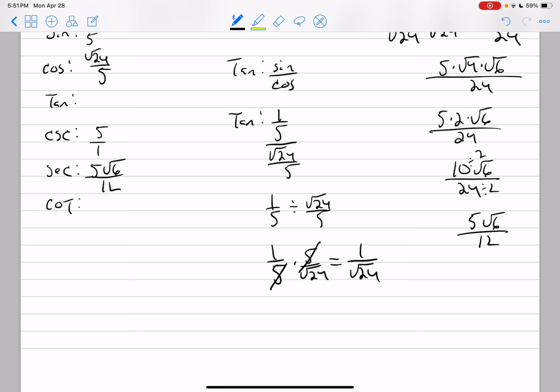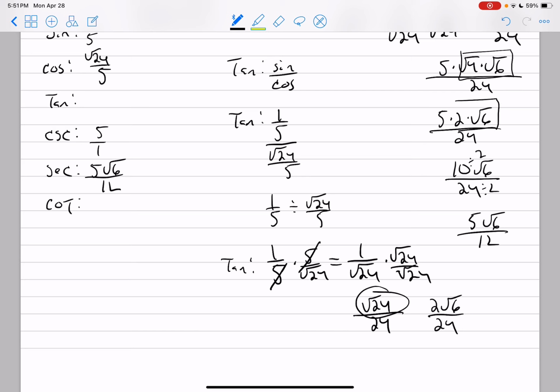And this is tangent, don't forget. Let's rationalize this: I get root 24 over 24. I can break this down into 2 root 6 over 24. Hopefully you remembered root 24 we already broke down, it was 2 root 6. Then I simplify and get root 6 over 12. So tangent is root 6 over 12.